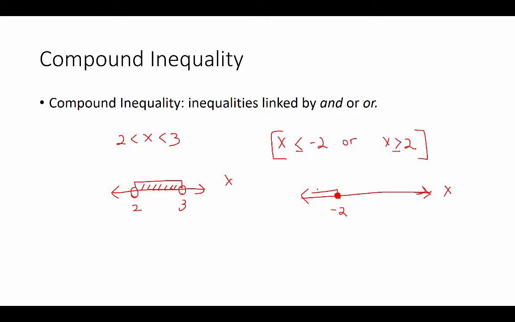So you do have to mention that it's including negative 2, it's gonna shade to negative infinity. And if x is greater than or equal to 2, then I have to have a solid disk at 2, and that's going to be greater, and that covers to positive infinity.